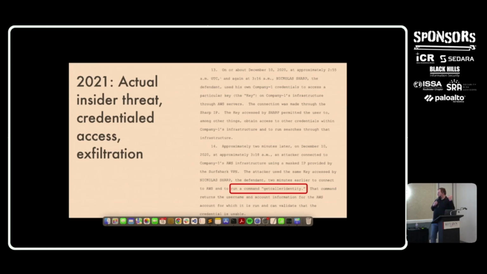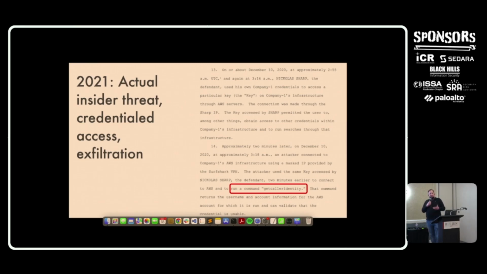And one of the things that's interesting about these indictments is that, I think without realizing it, there's often a breadcrumb trail to anomaly detection techniques, because many of them cite certain unusual methods or actions. In this case, they talk about a command called GetCallerIdentity, which they focused on in the investigation.